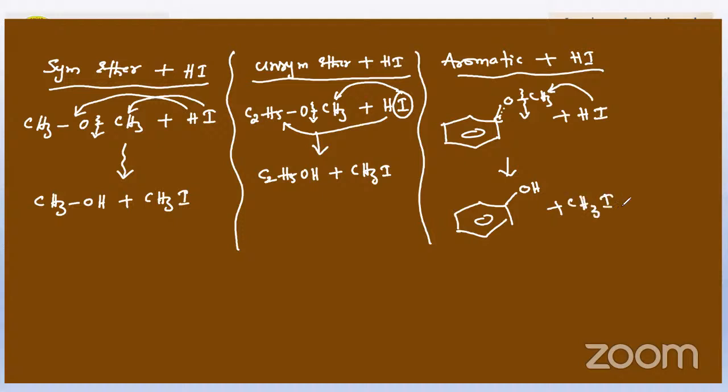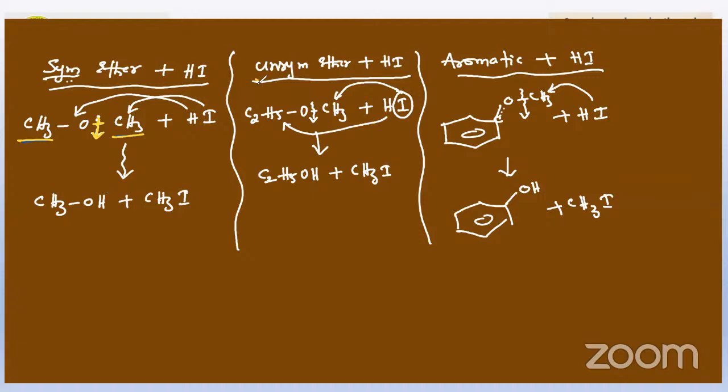Sam, in a symmetrical ether, it's very simple because both groups on either side of the oxygen are CH3 groups. So both are the same, which means you can break any bond, and you get CH3I and CH3OH.